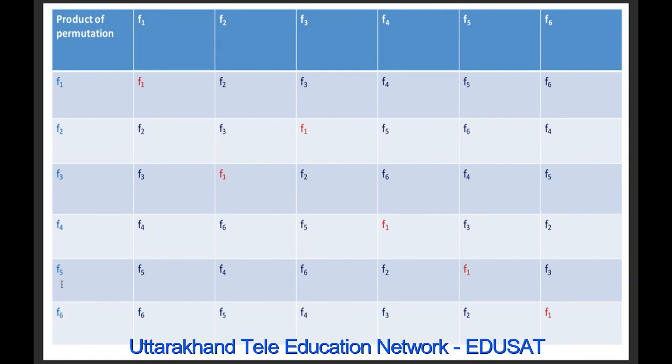And inverse of F5 is F5 because the element above F1 in the top border row is F5. Inverse of F6 is F6 because the element above F1 in the top border row is F6.